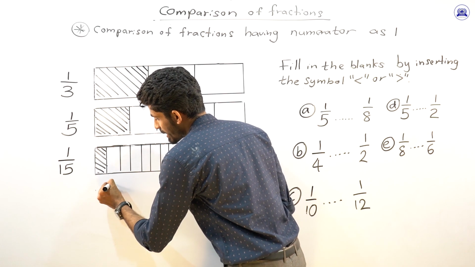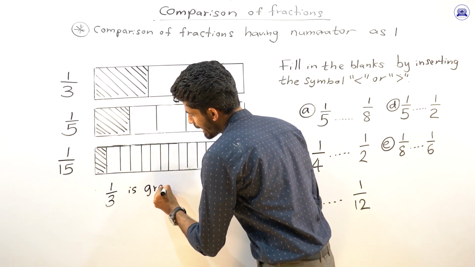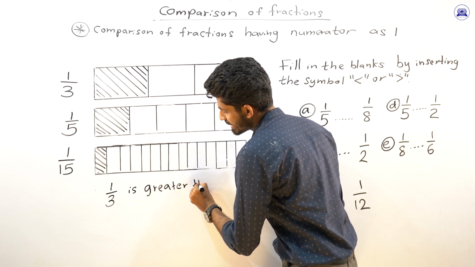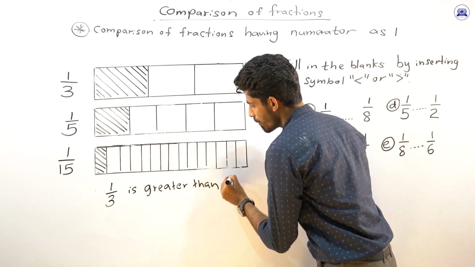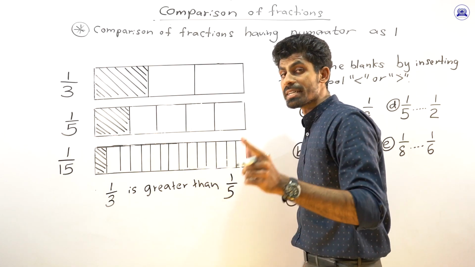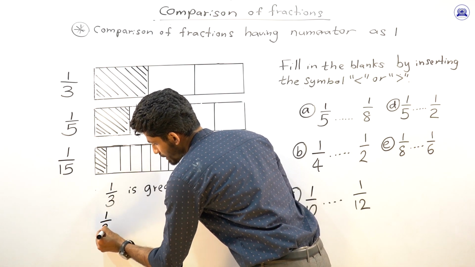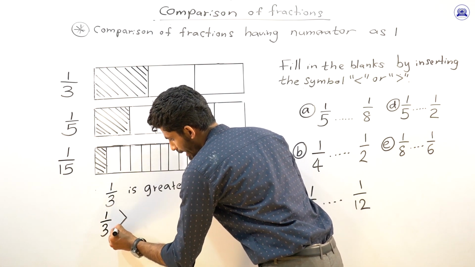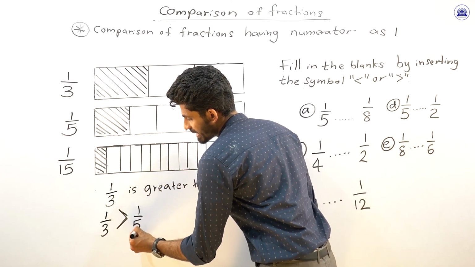1 over 3 is greater than 1 over 5. How can you use the symbol? 1 over 3 is greater than 1 over 5. You can use that symbol.